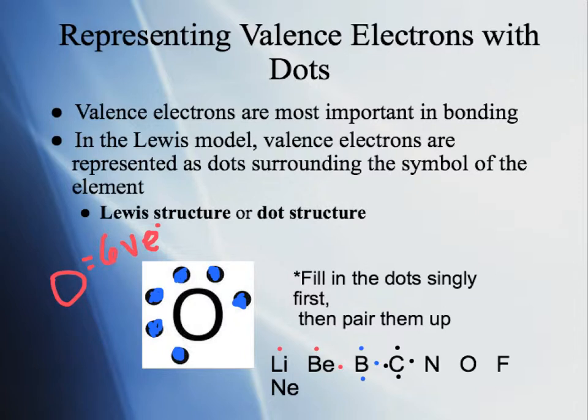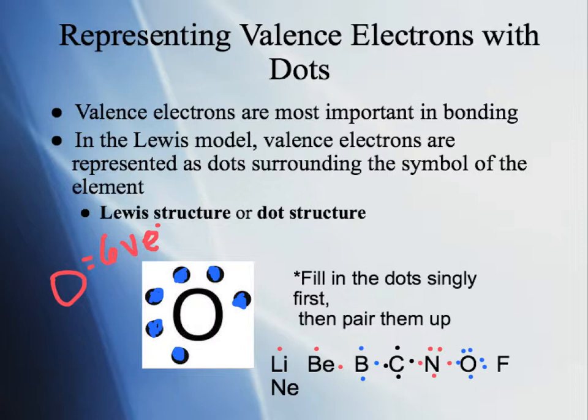Nitrogen has 5 valence electrons because it's in group 5A. So it's going to have 1, 2, 3, 4, and then the 5th one gets paired up. Similarly with oxygen, 1, 2, 3, 4. Oxygen has 6 altogether, so we pair up the last 2, 5, 6.